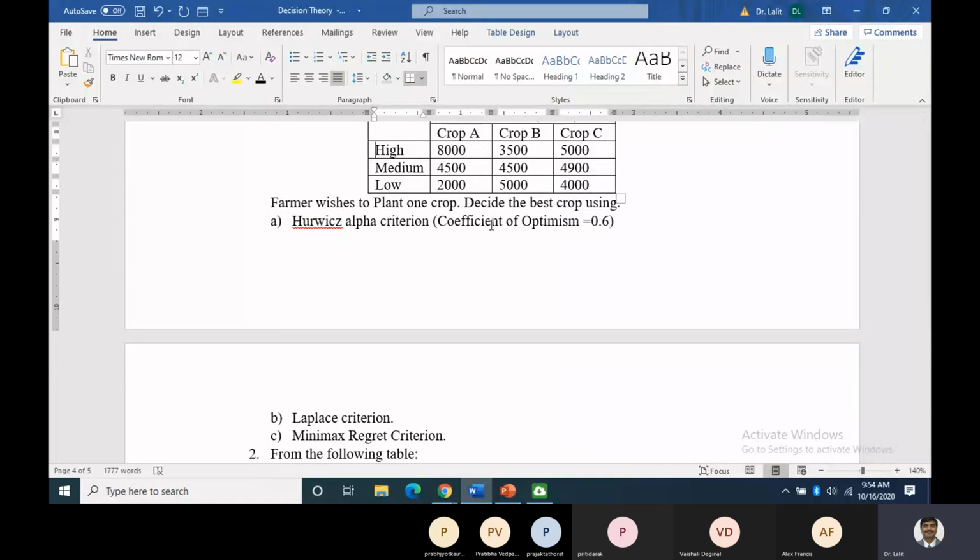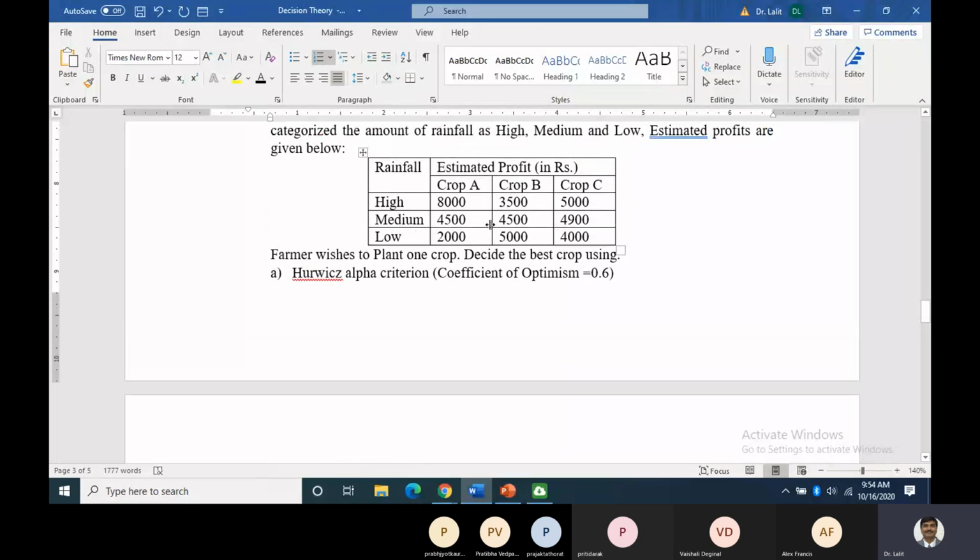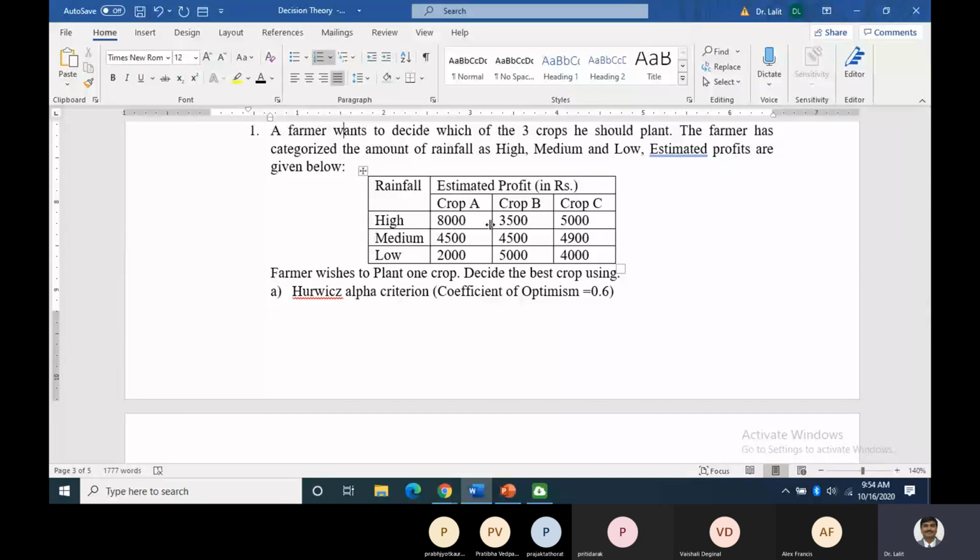See, while solving problems related to decision theory, it is very important to decide what the states of nature are and what the different alternatives are.